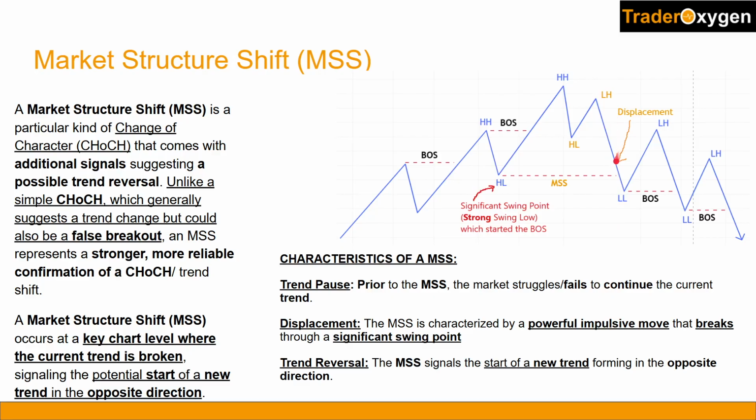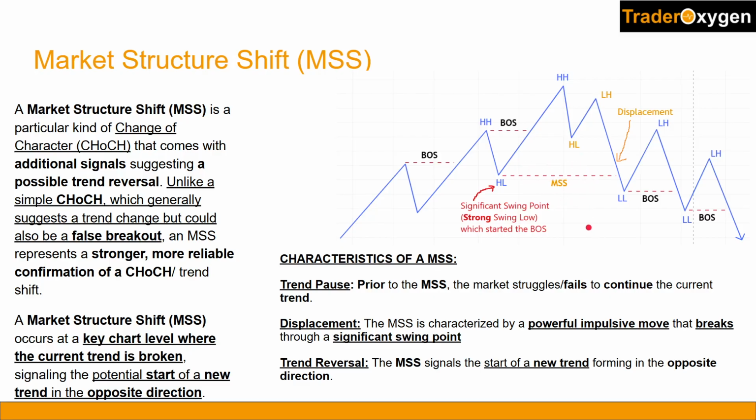That displacement is an important characteristic of a market structure shift. And after that, you will see the trend has started to reverse. So these extra trend pause and these significant displacements make market structure shifts more powerful compared to change of character. So market structure shifts are a more powerful change of character.